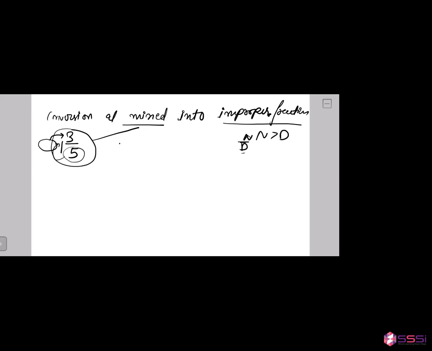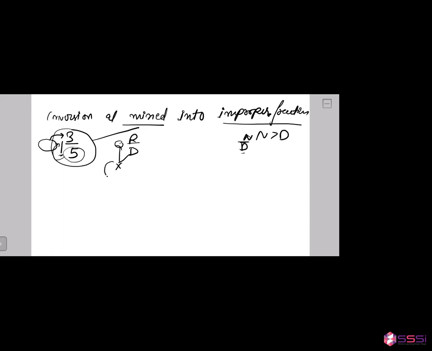Ma'am, I didn't understand. Yes, you will. This is in the form Q R by D in the general form. That's how we write. So we have to do multiplication with these two numbers.